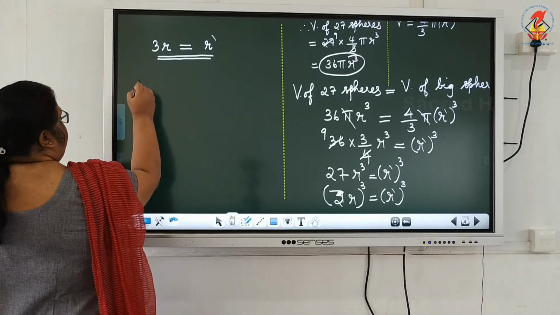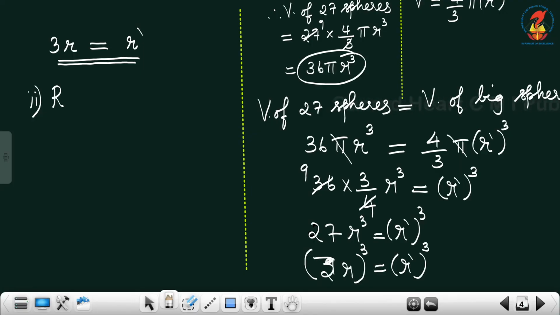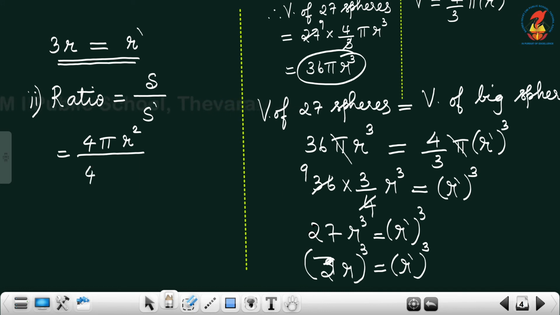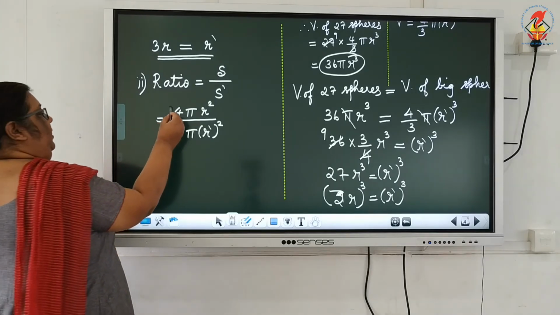Now second subdivision. What was the second subdivision? Ratio of surface area S and the new surface area S dash. 4 pi r square by 4 pi r dash square. 4 pi and 4 pi gets cancelled.